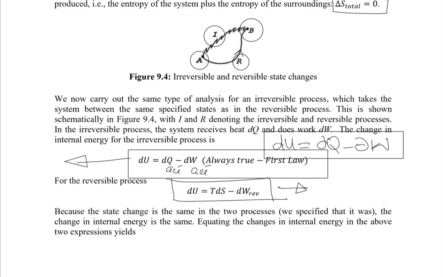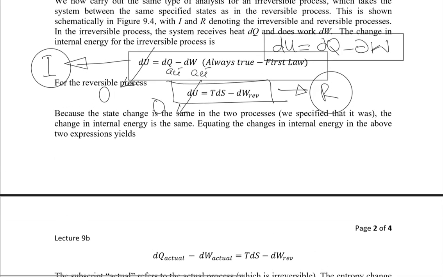Again, going from state A to B, let's assume I am moving irreversibly, and I would use this equation. If I'm coming back from B to A, I would be using this equation, which would be for a reversible process. So for a cyclic process, going from state A to B and then coming back from B to A, the change in internal energy would be equal to zero, and we can relate these equations.